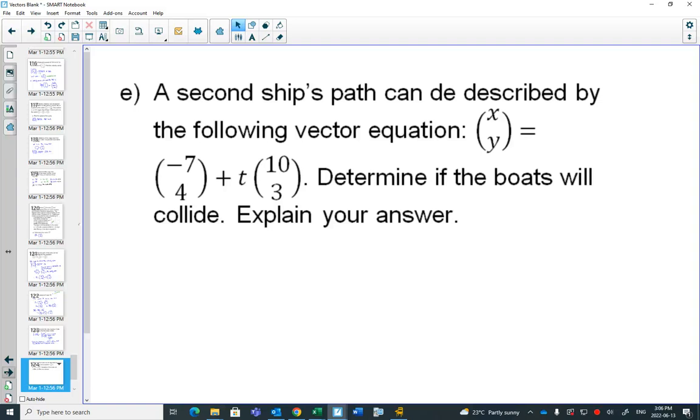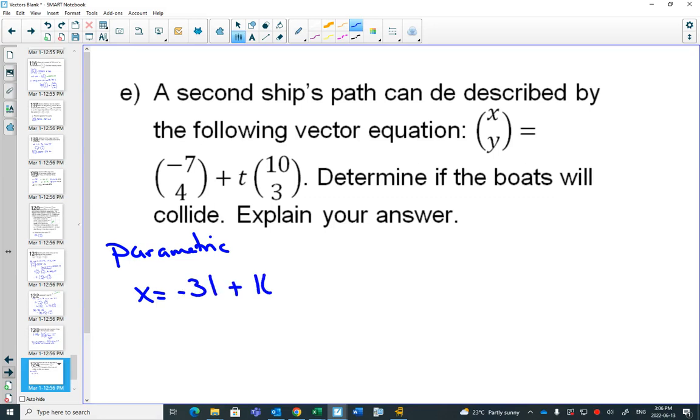A second ship's path can be described by the following vector equation. Determine if the boats will collide. Explain your answer. So again, we'll look at the parametric equations. The first boat is x equals negative 31 plus 16t, and y equals negative 32 plus 12t.